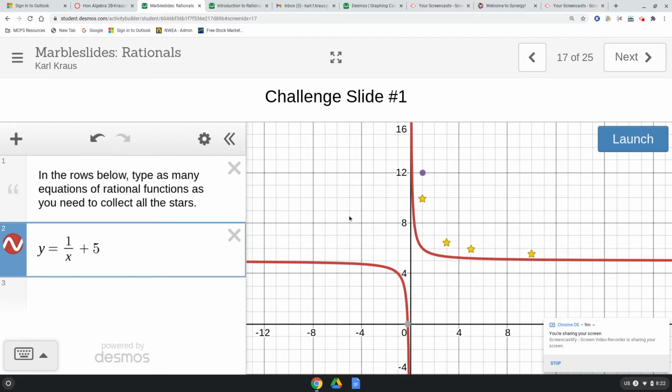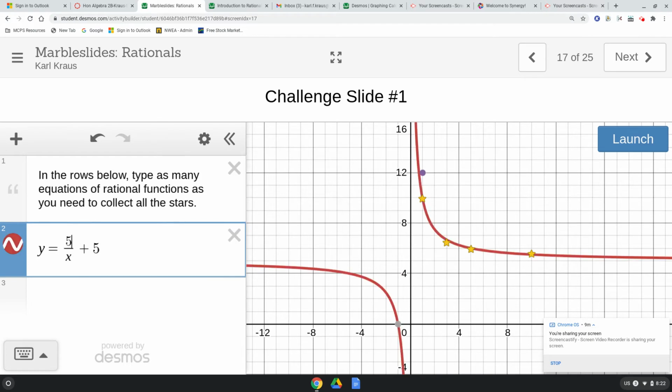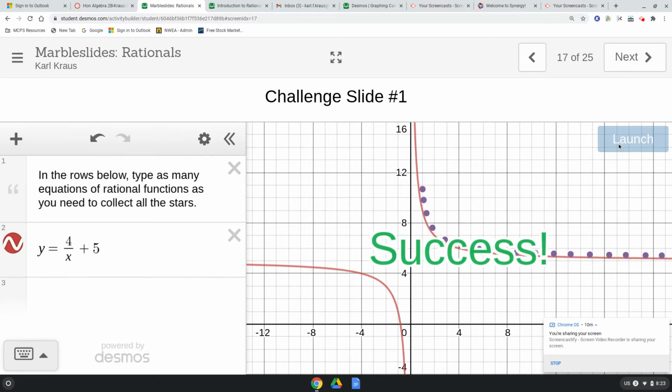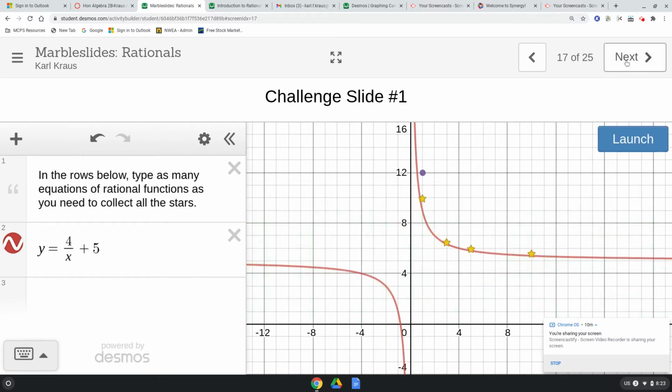And then I need to dilate the graph a little bit. So what happens if I make a 5? That's probably too much. About a 4. And if I hit the launch, then it collects all the stars.